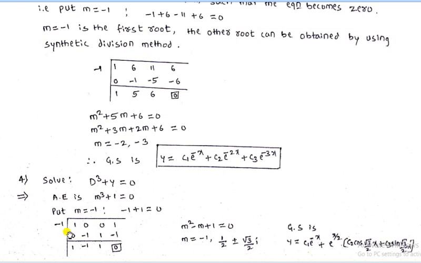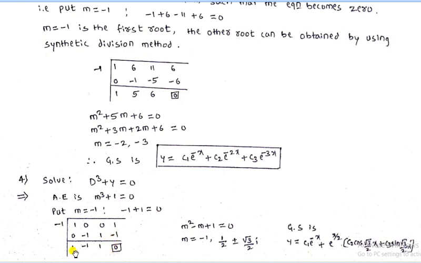So once again write here 0 first and add 1 and 0, which gives 1. Now multiply 1 and minus 1 and write here, and add 0 and minus 1, which gives minus 1. Then multiply minus 1 into minus 1, that becomes plus 1. So 0 plus 1 is 1. Then 1 into minus 1 is minus 1, and adding 1 and minus 1, the last term is again 0.